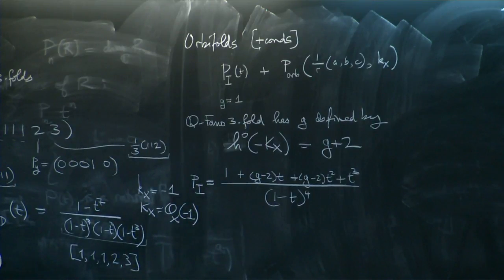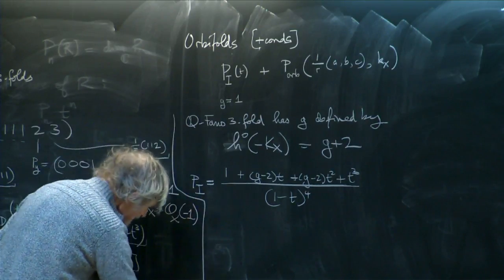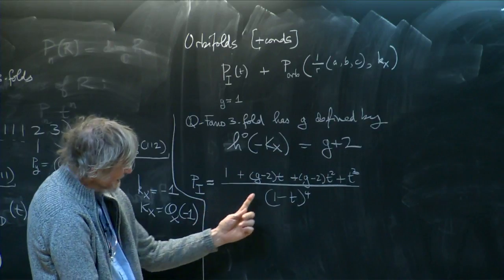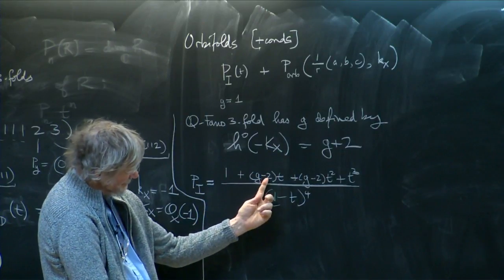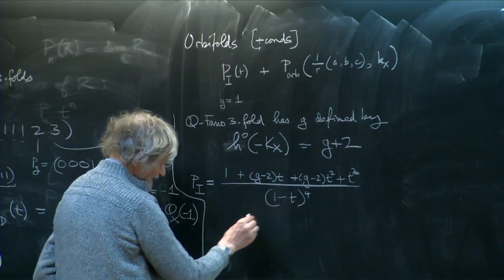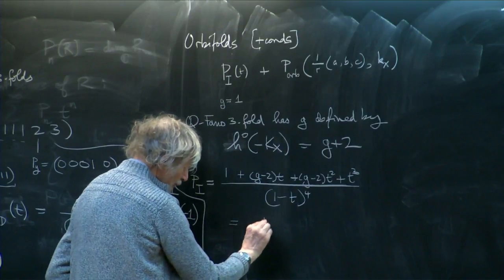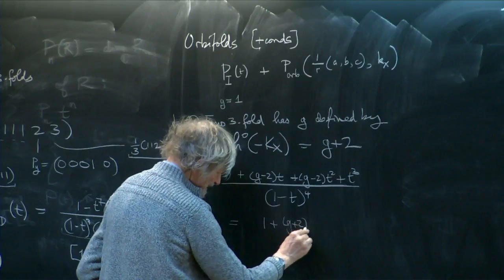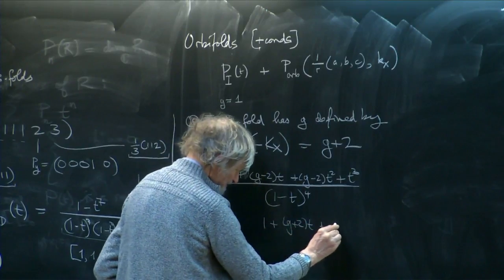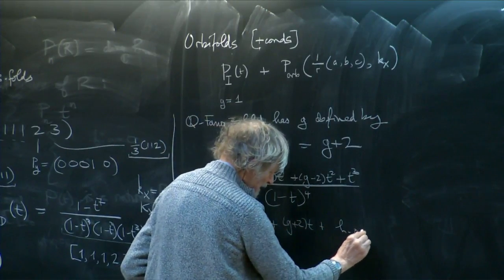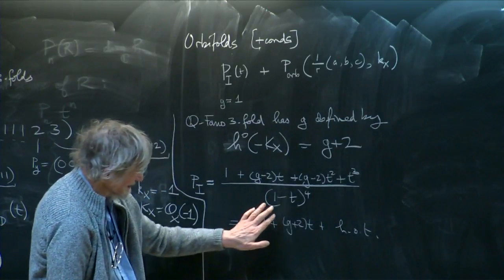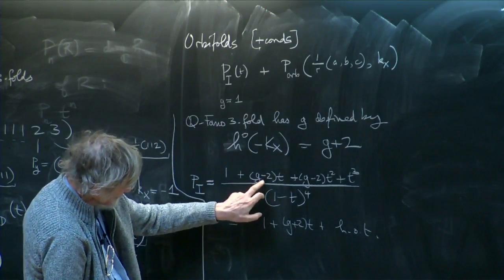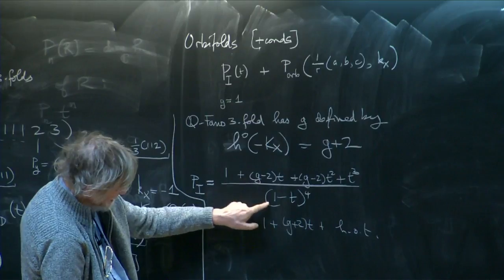The thing that is initial about it is that this determines the first plurigenus. So this is 1 plus g plus 2t plus higher terms. This does nothing at all except that it fixes this term.